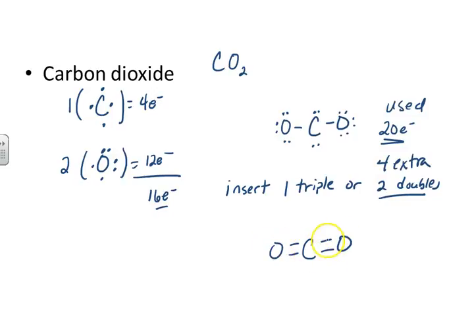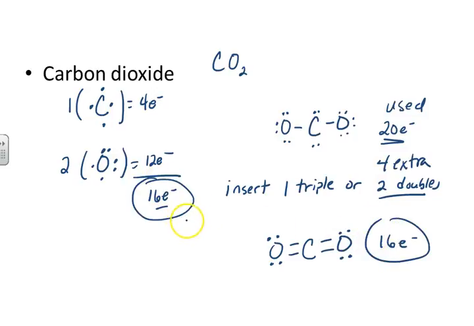That gives the carbon in the center 2, 4, 6, 8 electrons, and 8 electrons around each oxygen. 2, 4, 6, 8, 2, 4, 6, 8. That gives us a total of 16 electrons, and this 16 electrons are equal, therefore valid structure.